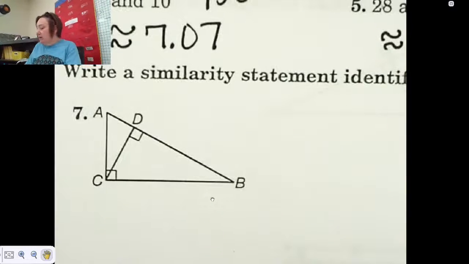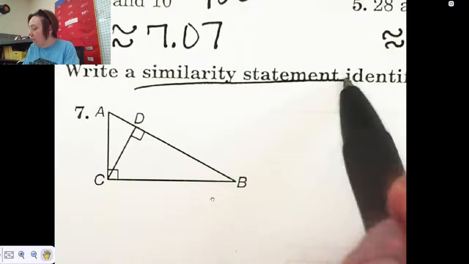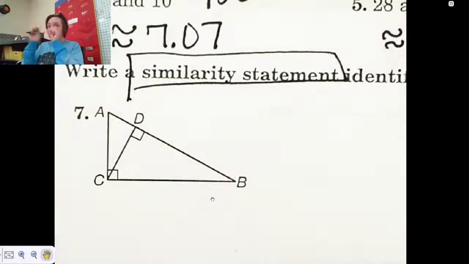Y'all, a similarity statement for any shape is when you use math to label the triangle or the square or the rectangle or whatever, and then you say it's similar with a math symbol to the other one, putting their congruent angles in order.